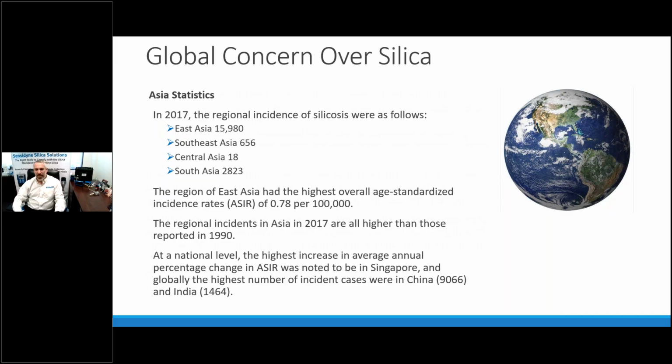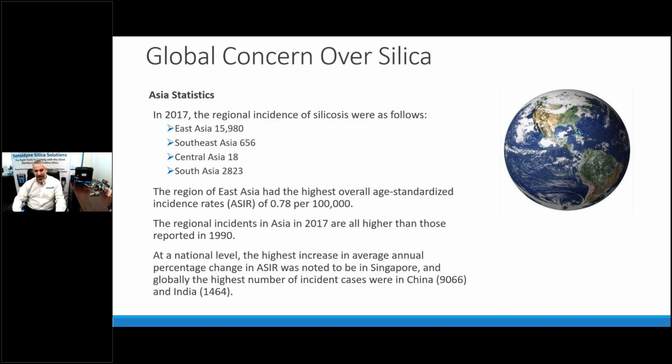So talking a little bit about some world statistics, in 2017, regional incidents of silicosis were as follows in Asia. In East Asia, almost 16,000 cases of silicosis. Southeast Asia, 656 cases. Central Asia, a little less at 18, and South Asia at over 2,800 instances of silicosis.